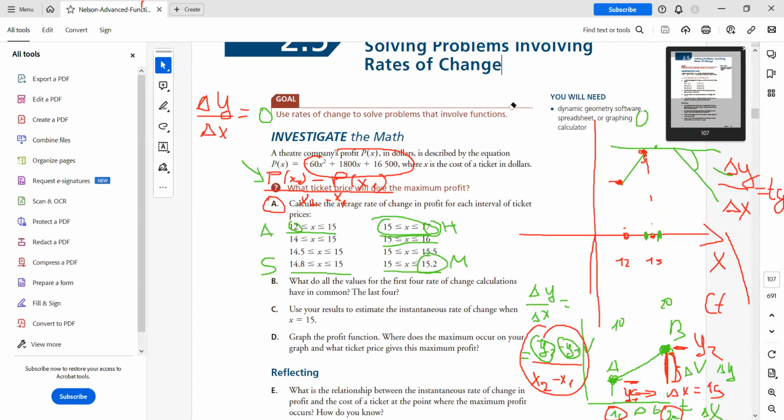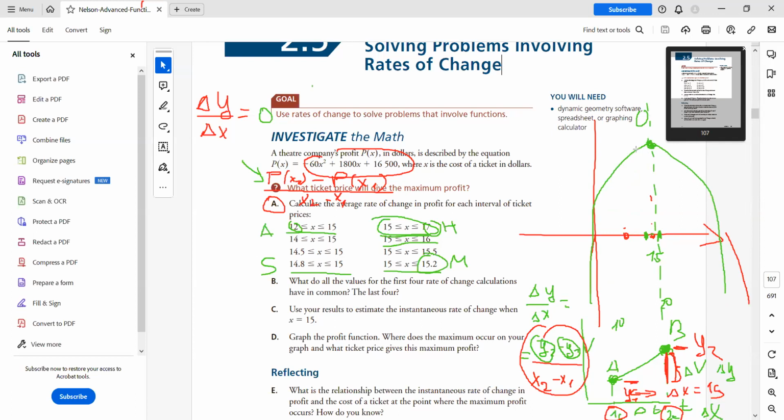So basically, in this example, our parabola would look in the following way. When x equals 15, we have our absolute maximum value. And a parabola has a beautiful property of symmetry over its axis. So the parabola looks the same to the left and to the right-hand side of this axis of symmetry.